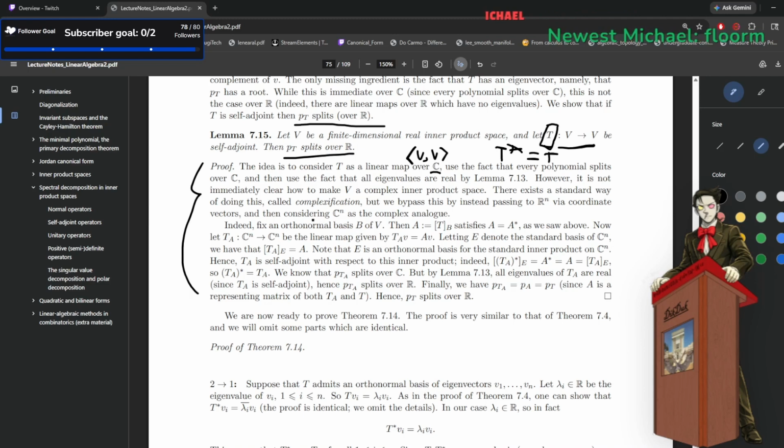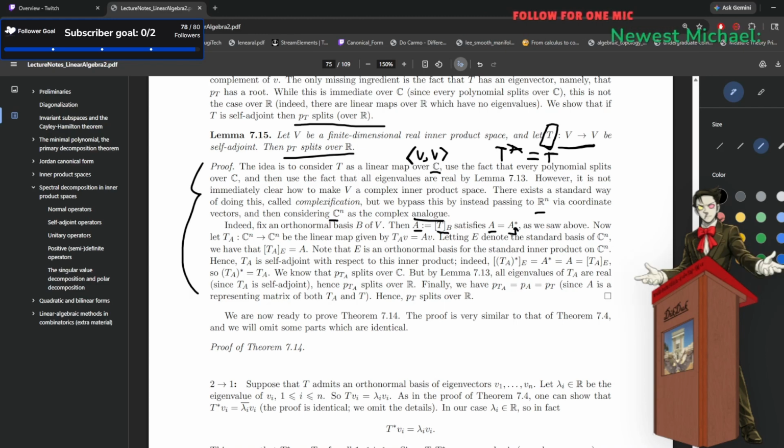There is a standard way of doing this called complexification, but we bypass this, instead passing to Rn via coordinate vectors and then considering Cn as the complex analog. Indeed, fix an orthonormal basis B of V, then A, defined as the matrix of T in the basis B, satisfies A is equal to A star, i.e. it is self-adjoint, as we saw above.